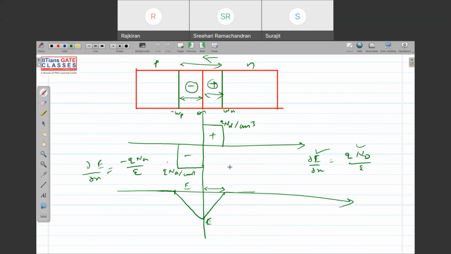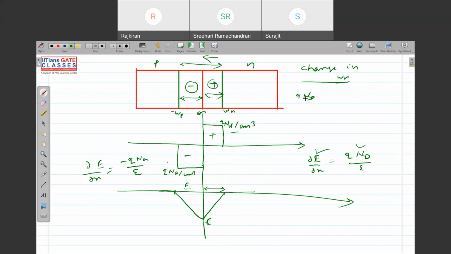Sometimes Wp may be greater than Wn or vice versa. That will happen. So if I want to see the charge in the N side, the charge density is Nd per centimeter cube.